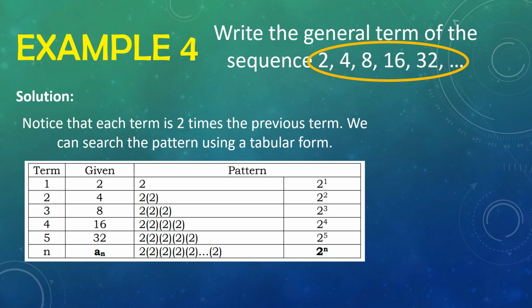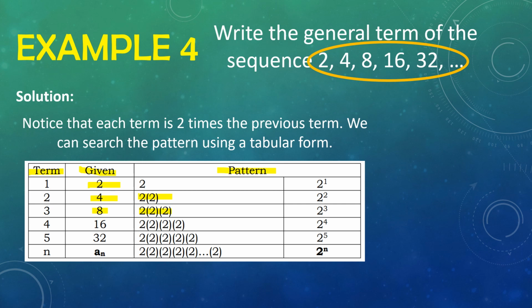Given in the table, term, the given number, and the pattern. The first term is 2, followed by the second term, which is 4, which is 2 times 2, 4. The third term is 8, and observe the pattern, 2 times 2 times 2.